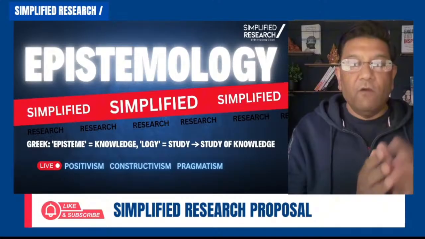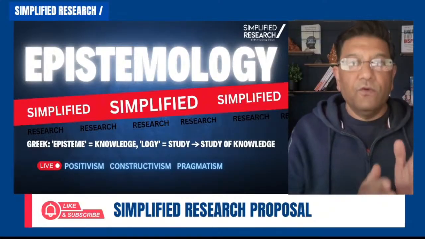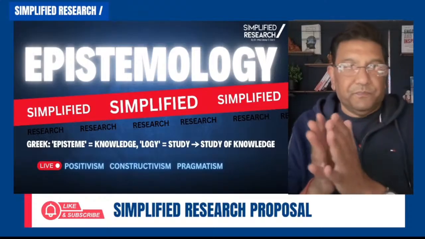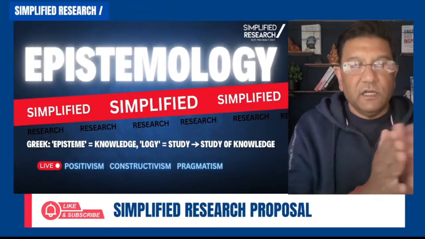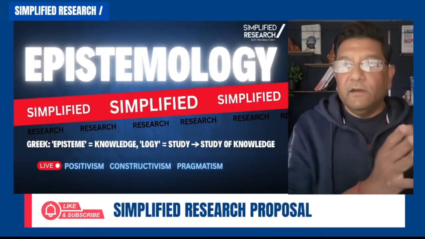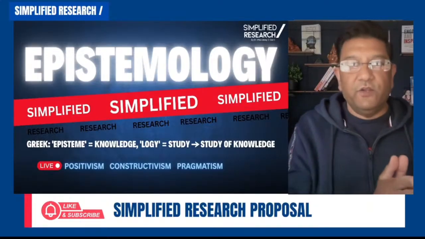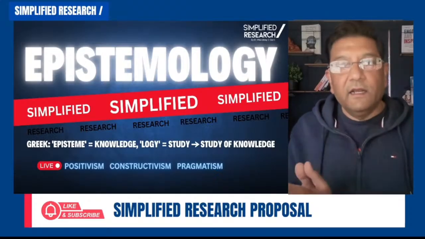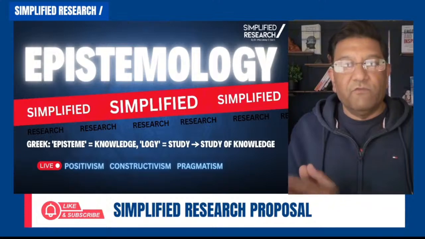When you have one type of experiment, or one type of epistemological stance, say you are using positivism, but if the result is not 100%, then you go for constructivism, asking people, and that becomes pragmatism when you are using two.